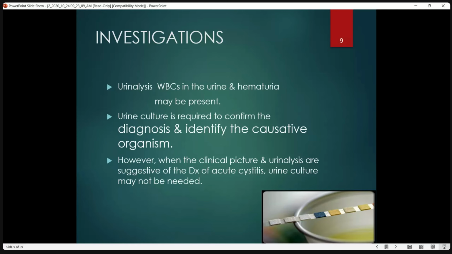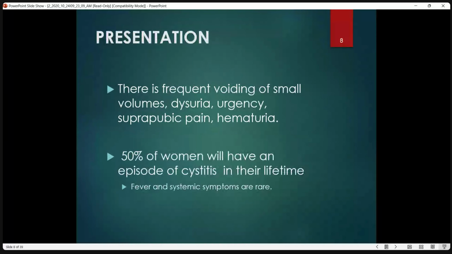Let's proceed. So how do you investigate? Let me just hear this from you. What would you do to ascertain that this person is actually undergoing a urinary tract infection? How will you confirm your diagnosis? Yes, let me hear from you.